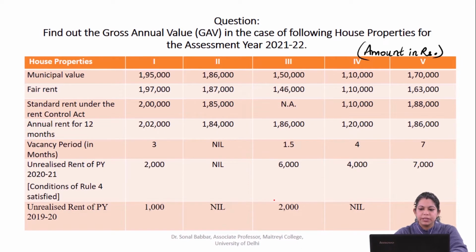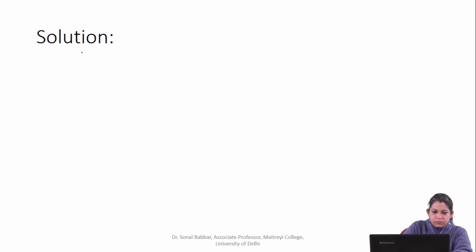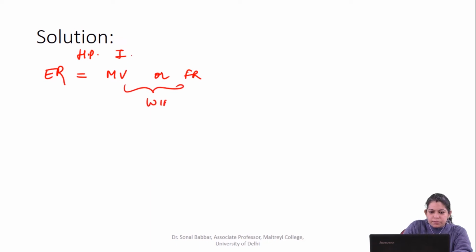So let us look at property 1. To find out GAV, we require expected rent, and for expected rent, we require municipal value or fair rent, whichever is more, subject to the standard rent, take whichever is less. So this becomes ER.